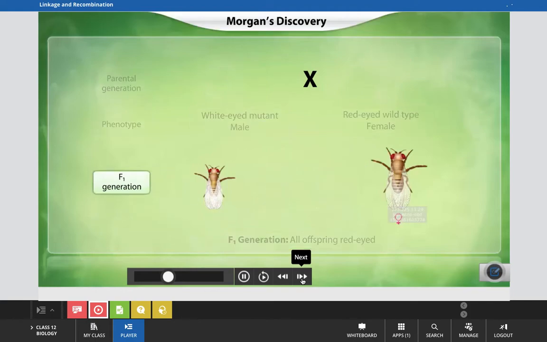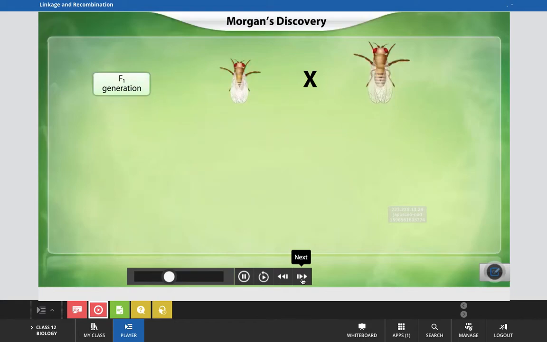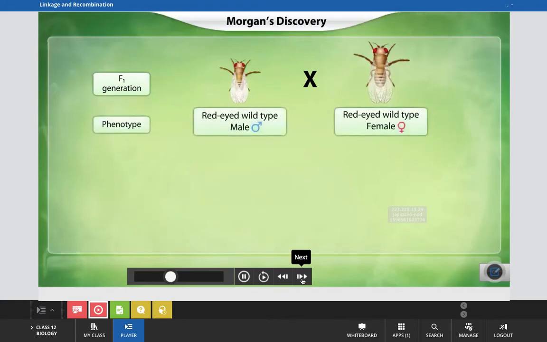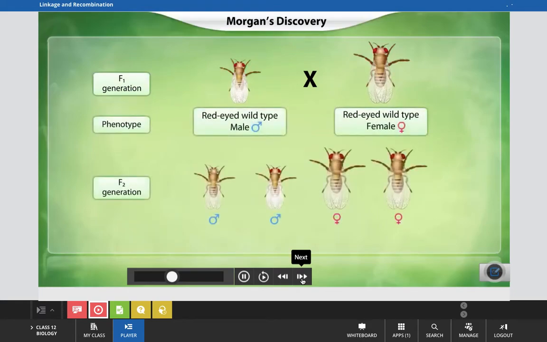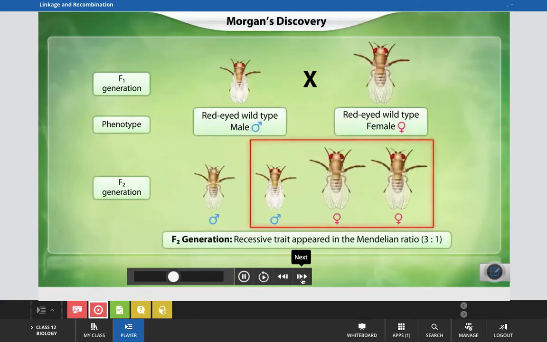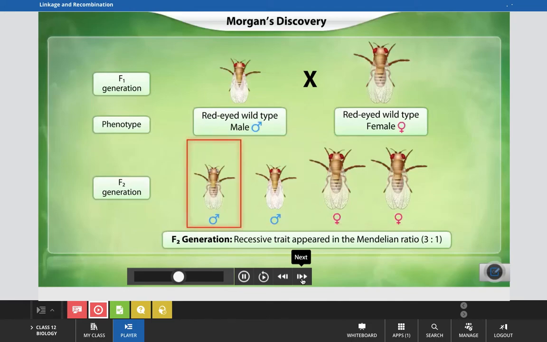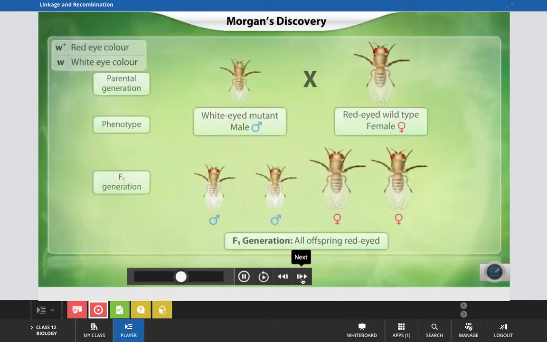The F1 generation males and females were crossed. The white-eyed trait appeared in the 3:1 ratio, same as the Mendelian ratio. However, only the males were white-eyed. This suggested that the white-eyed trait was present on the X chromosome.